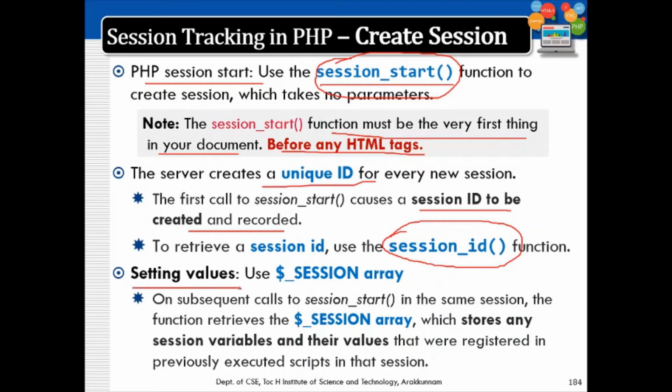Now, for setting the values, there is no particular function. You can use the array directly. I hope you remember how to give values to an array. So $_SESSION with square brackets, you give the key and equal to the value. So you can assign a value directly using the session array, and we can store session variables and their values.